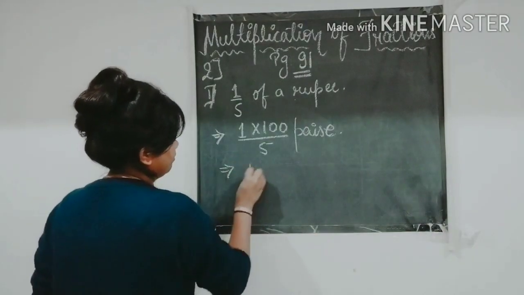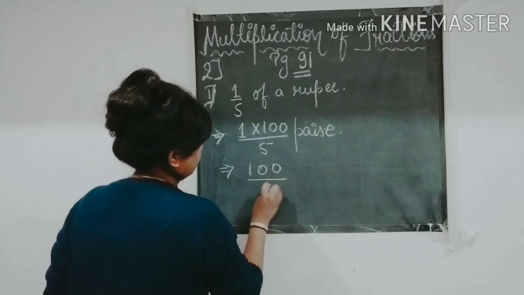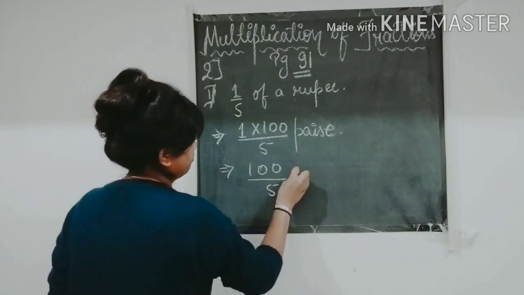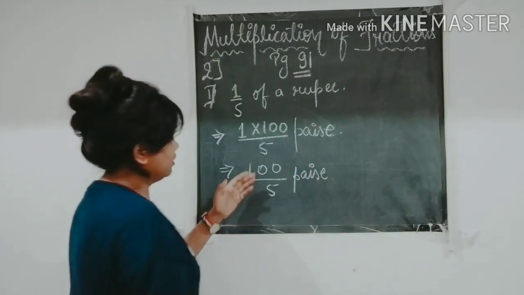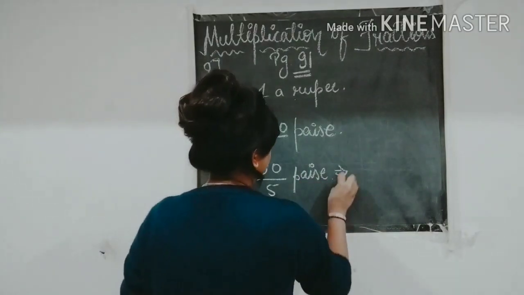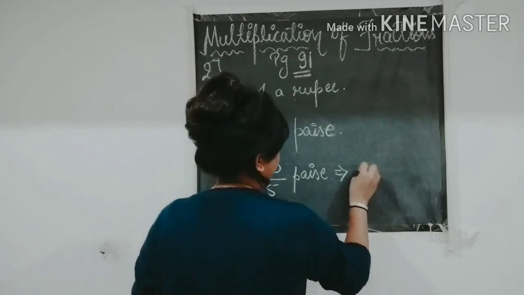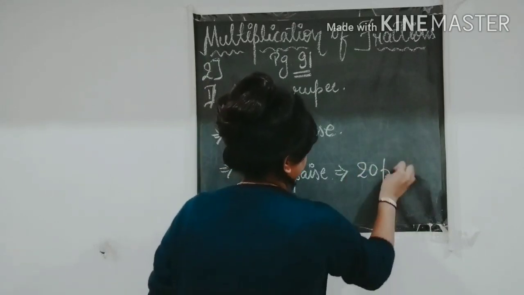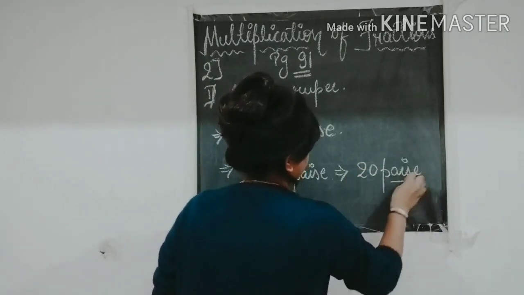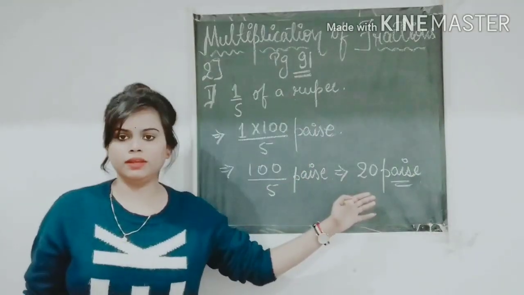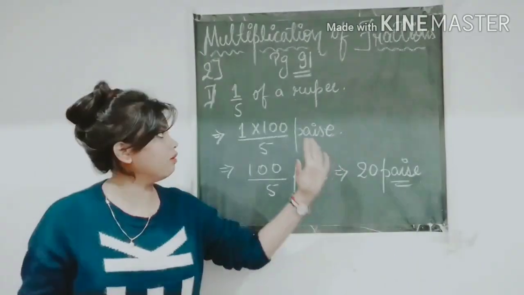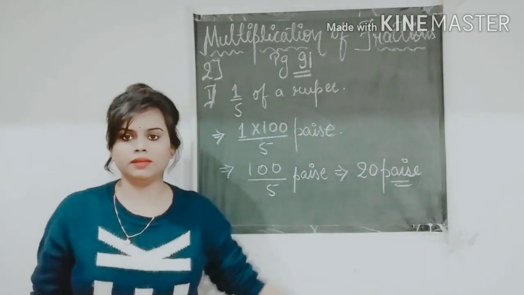And here you will get 100 divided by 5 paise. You can divide it and write 20 paise. 100 divided by 5 is 20. So the answer of this question is 20 paise.